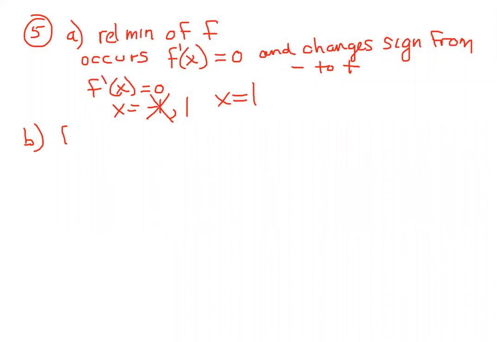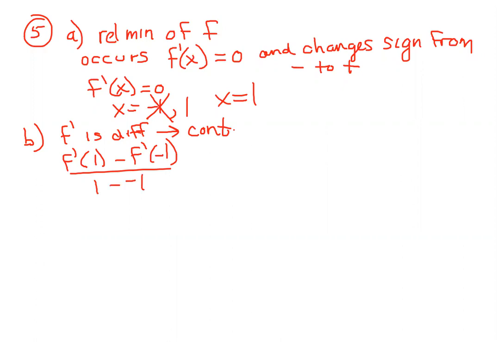So you should say f prime is differentiable, therefore continuous, because you need that in order for mean value theorem and intermediate value theorem. And you're going to say f prime of 1 minus f prime of negative 1 over 1 minus negative 1 equals, okay, f prime of 1 is 0 minus 0 over 2 equals 0.